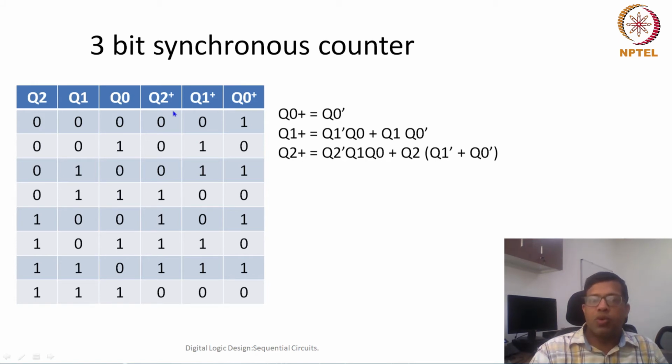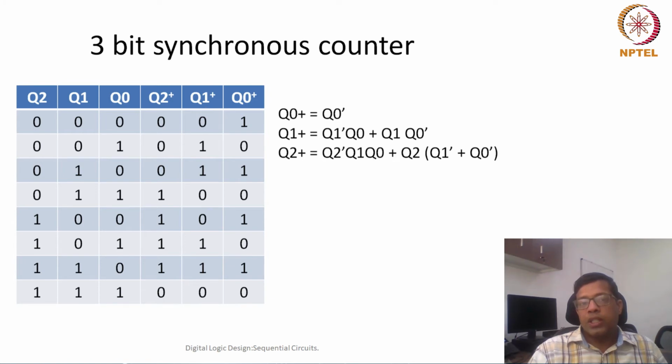Similarly, I would require 3 D flip flops. For each flip flop, this Q0 plus value is actually the D value, the input value of that particular flip flop. Similarly, whatever I would like to have as the next state is the input of that particular flip flop.